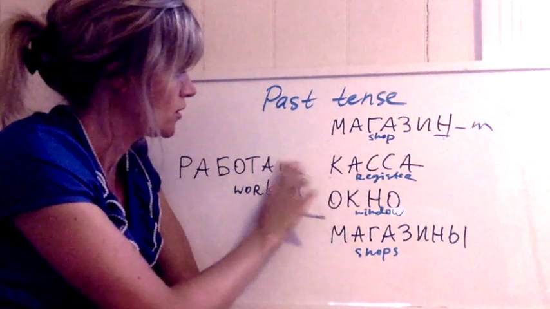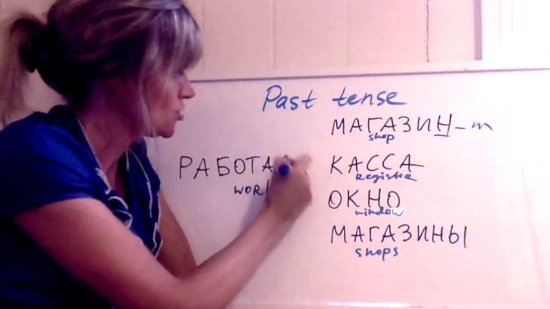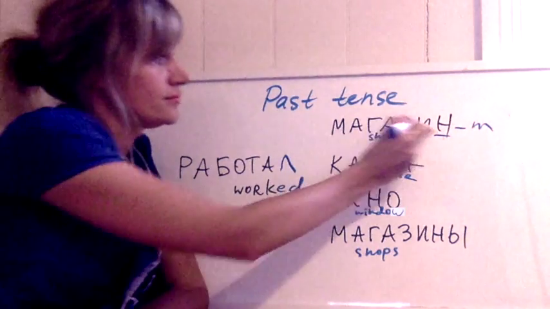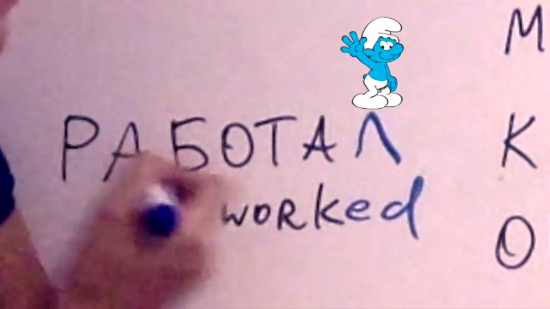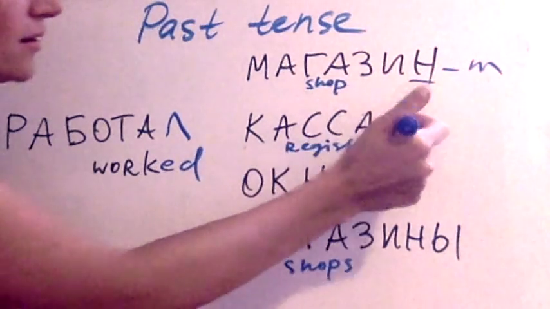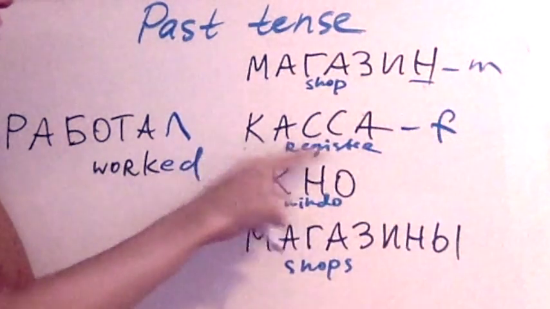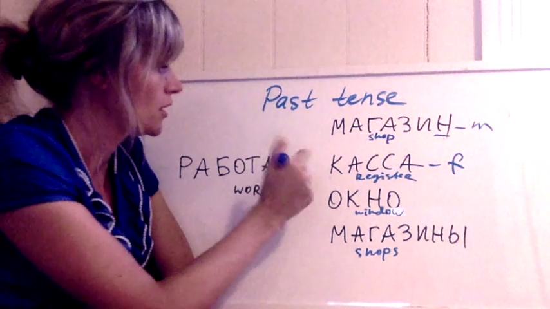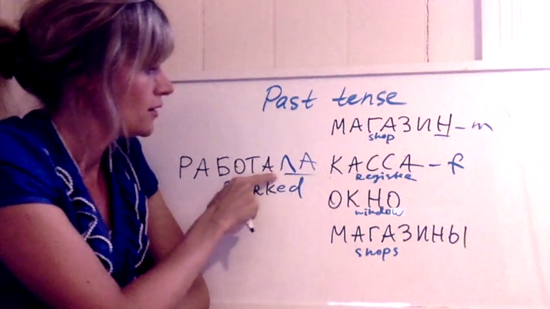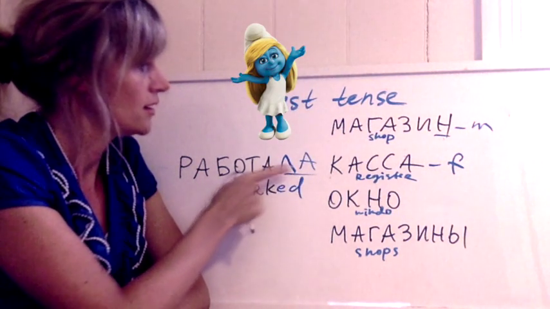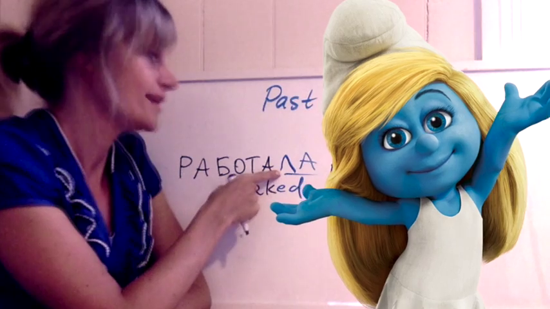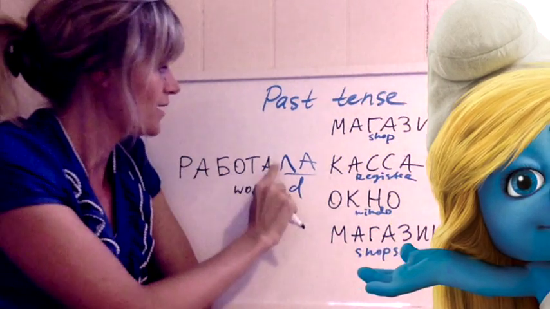So, masculine gender ending. Магазин работал. Касса, it's a feminine gender word. Register worked. Работала, feminine gender ending. А, ла. Okay?